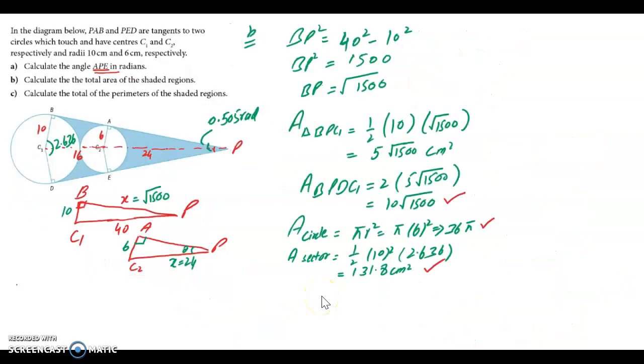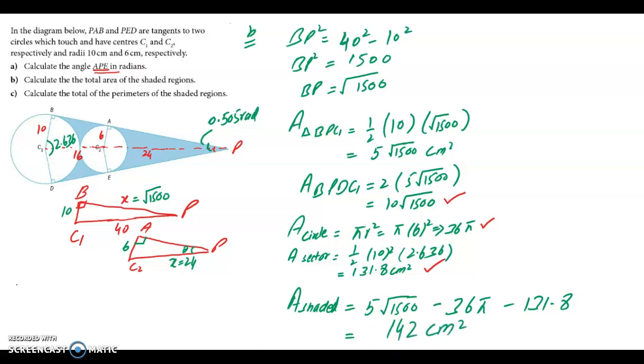So the area of the shaded part is equal to 5 times the square root of 1500 minus 36 pi minus 131.8. If we use the calculator, we get 142 centimeters squared.